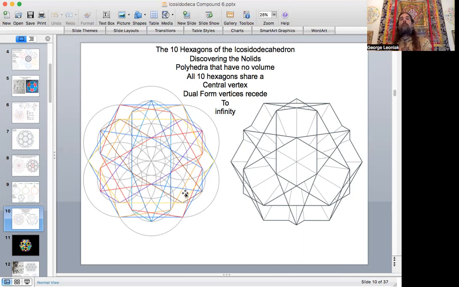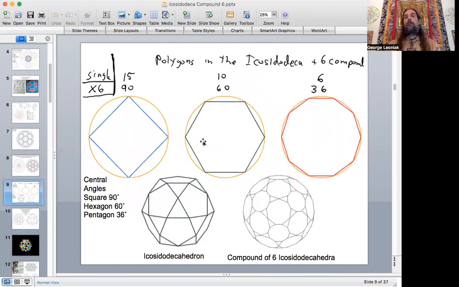Well, this is going to have 10 great circles. And just to back up, if we're going to have 10 great circles here, we're going to have 6 great circles because of the Icosidodecahedron here. And this one is going to contribute the other 15 great circles, I guess, for each of these squares.